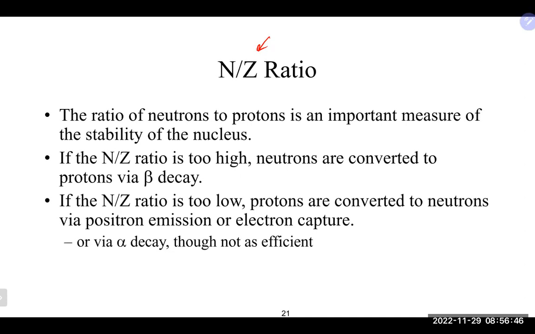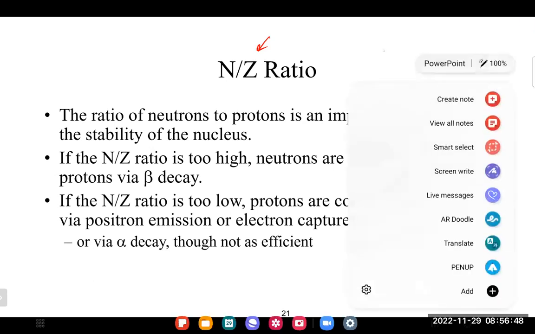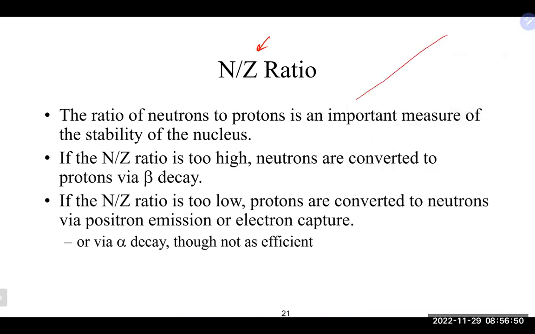The ratio of neutrons to protons is important to measure stability, and there is an acceptable ratio where things are pretty much stable. Then you could find yourself having a ratio that is too high, on this side of that stable ratio. If the ratio is too high, neutrons are converted to protons via beta decay.